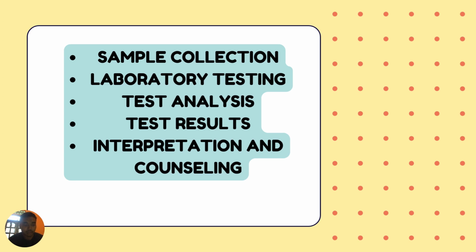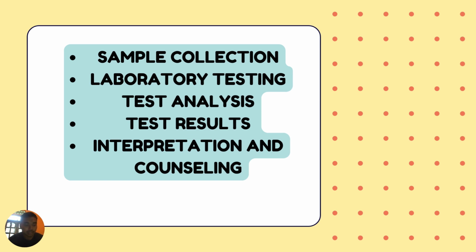Next is laboratory testing. The blood sample is sent to a laboratory where it undergoes testing. There are different types of serological tests such as enzyme-linked immunosorbent assays or ELISAs or rapid diagnostic tests, RDTs, which detect the presence of antibodies in the blood.